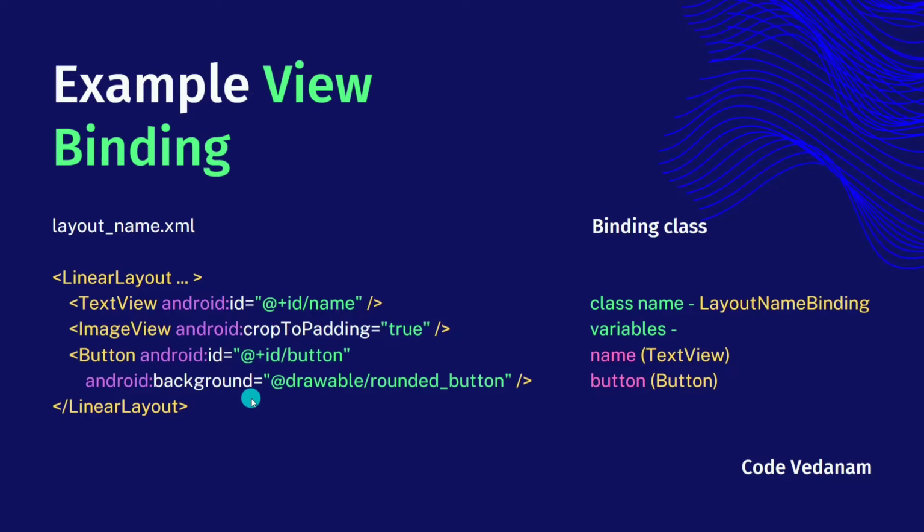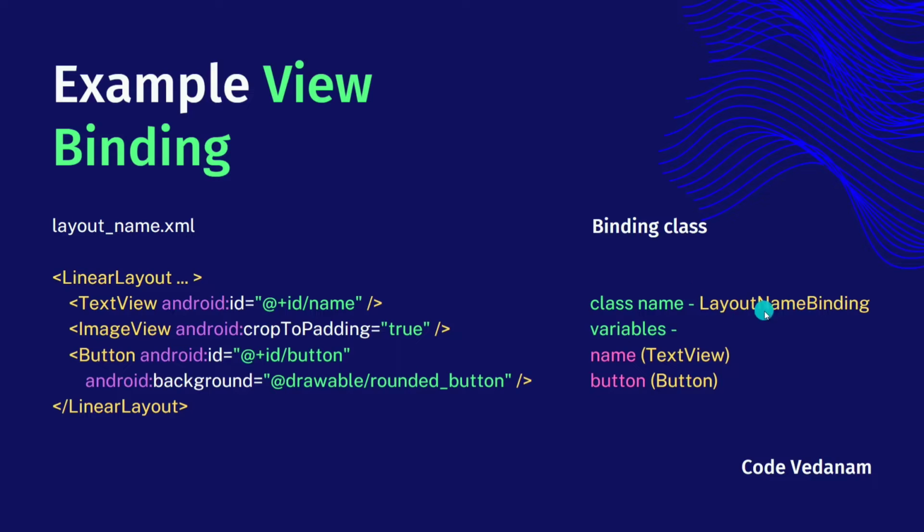Okay, so let's see how the binding class of this XML layout file will look like. The class name will be the name layout_name converted to the camel casing naming pattern. In camel case, we make the first letter uppercase, and others lowercase, and the names separated by the underscore will be shown in the class name using this camel case pattern.